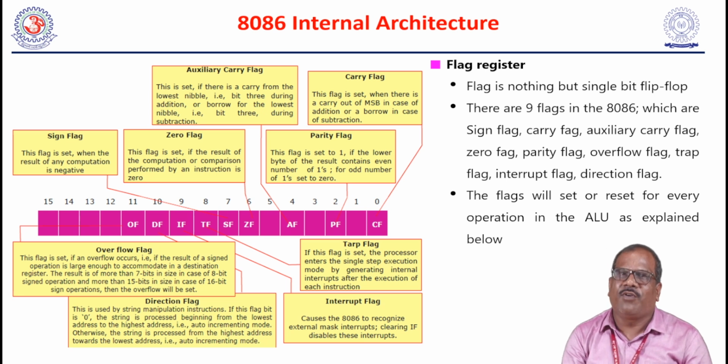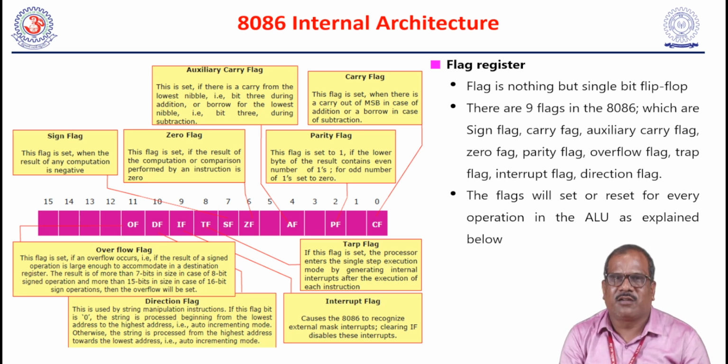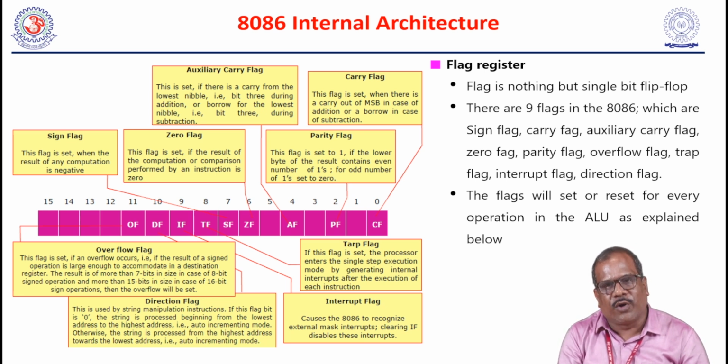When the direction flag is set, or logic 1, the execution goes from the highest address to the lowest address, instruction by instruction. So the direction is decided by the direction flag.